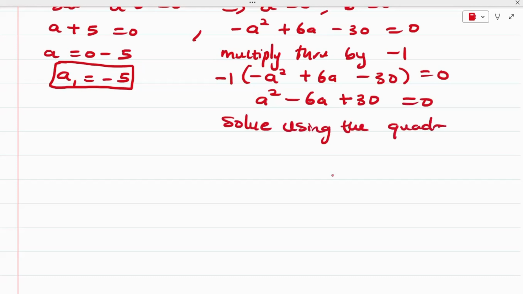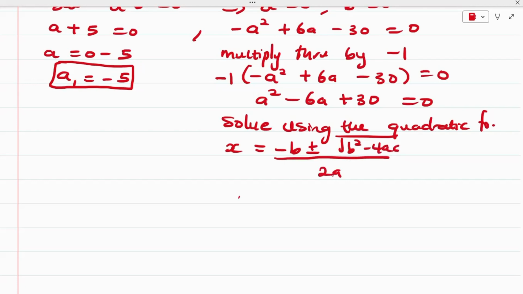So using the quadratic formula, we have the quadratic formula to be given as x is equals to minus b plus minus the square root of b squared minus 4ac all into 2a. We have a to be 1, b is equals to -6, and c is equals to 30.